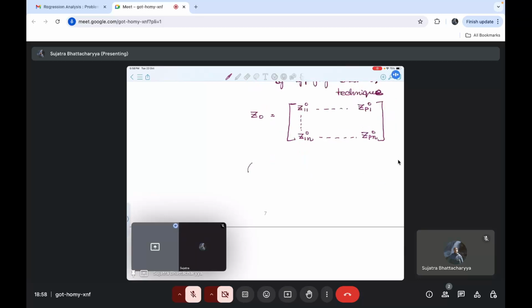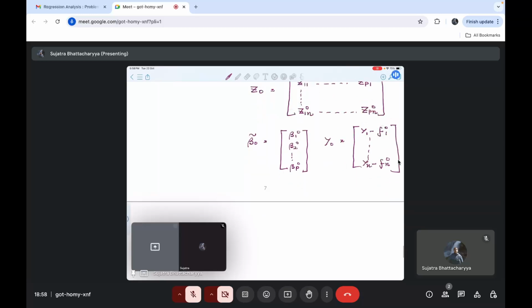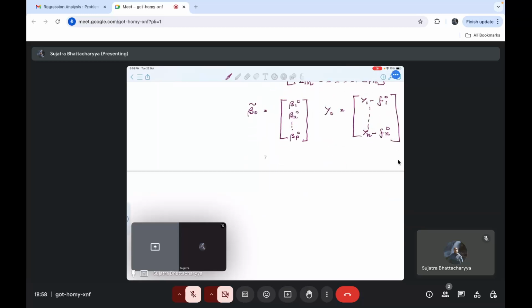Next is the beta naught vector, which will be beta 1 naught, beta 2 naught, and finally beta p naught. And y0 is again a vector, which will be y1 minus f1, and so on up to yn minus fn. Just solve it. You know how to solve it.